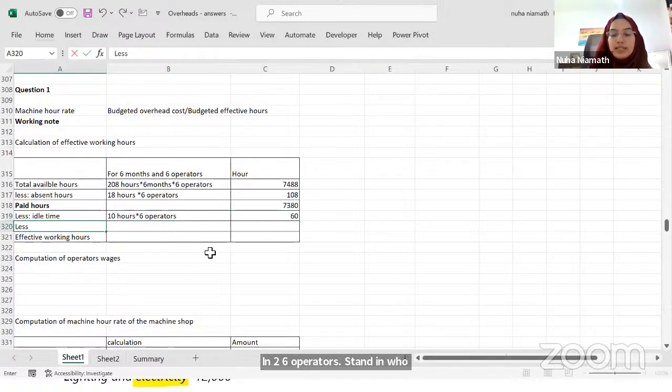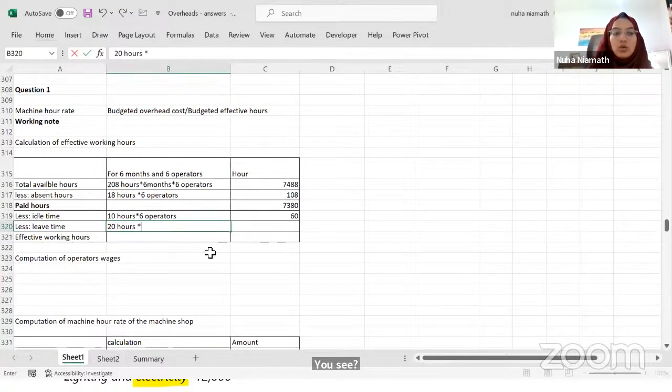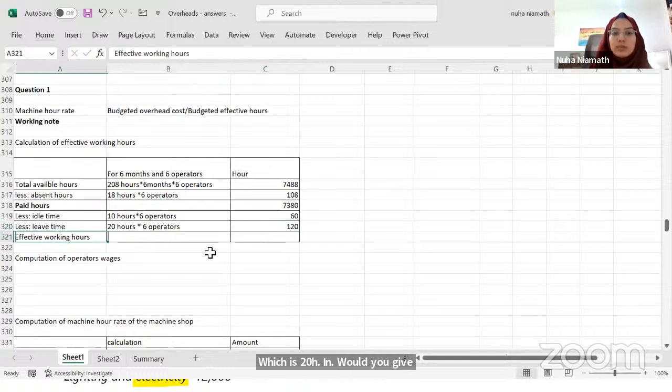Then we have less leave pay, leave time, which is 20 hours into 6 operators, which will give me 20 into 6.